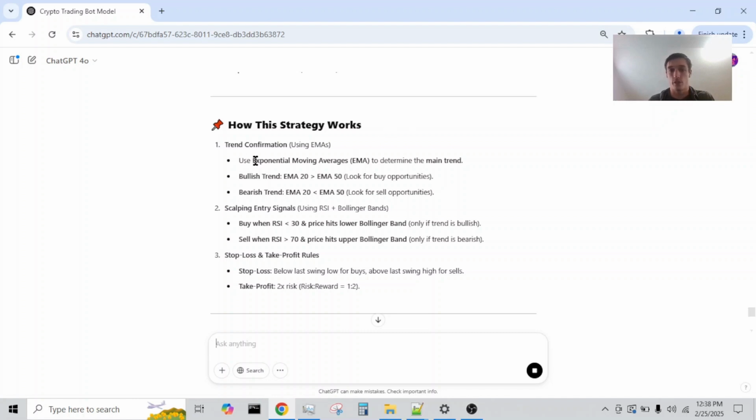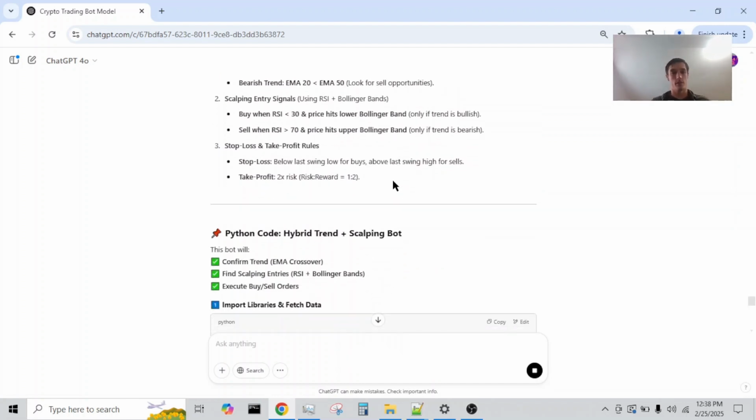We can use our exponential moving average, and we can use an EMA 20 or 50. We could change these values for something longer or shorter, just depending on what our back testing is going to do for us.